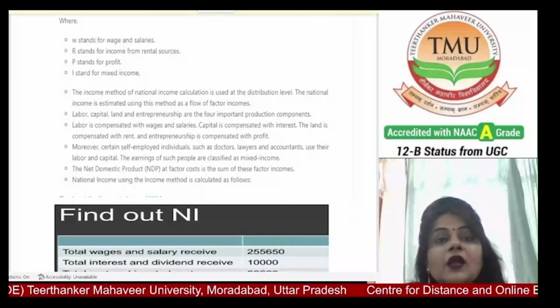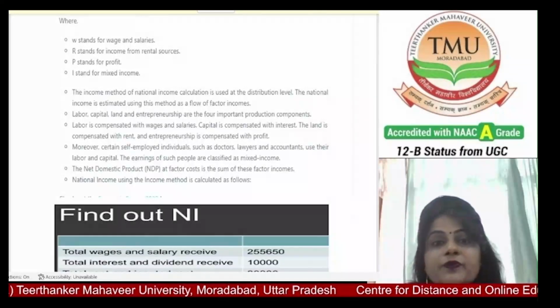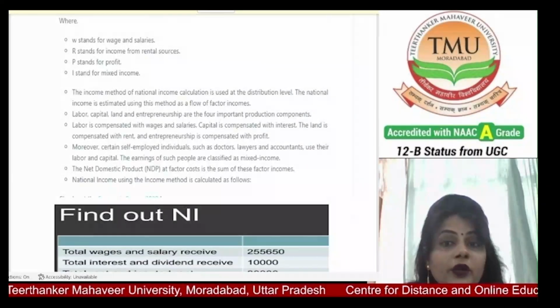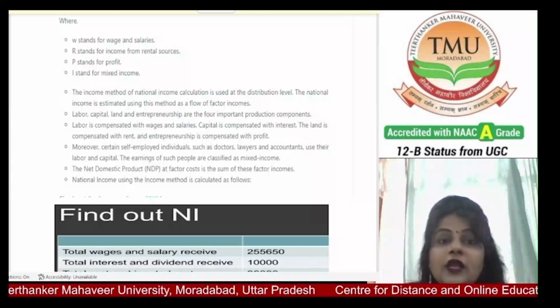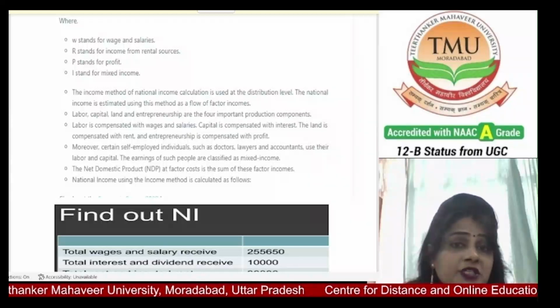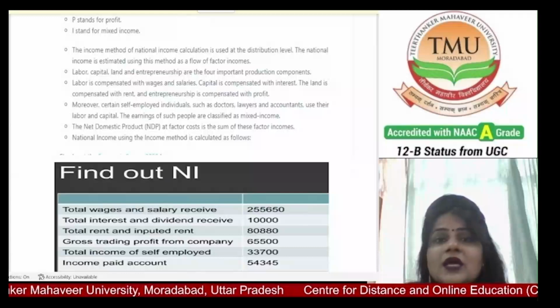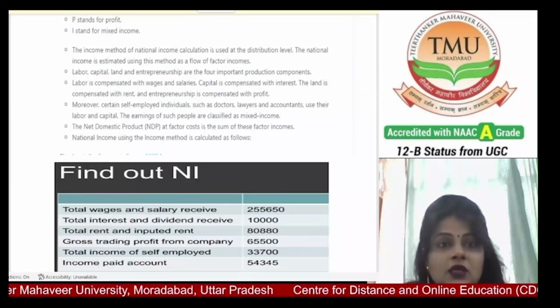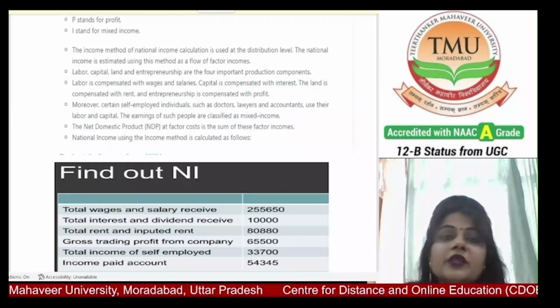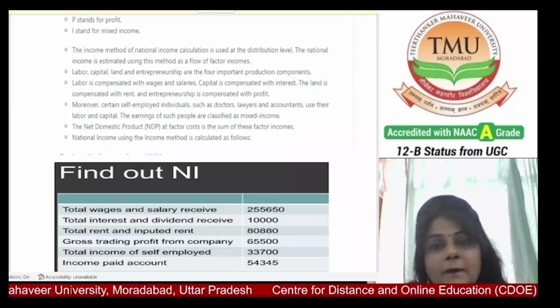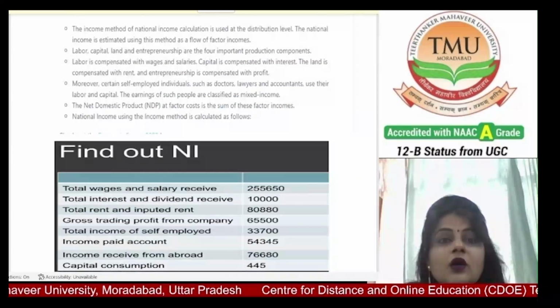Labor, capital, land, and entrepreneurship are the four important production components. Labor is compensated with wages and salaries. Capital is compensated with interest. Land is compensated with rent and entrepreneurship is compensated with profit.